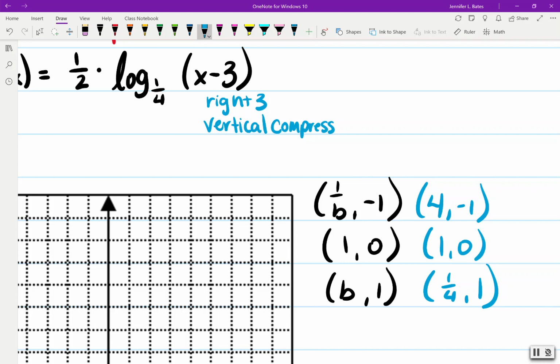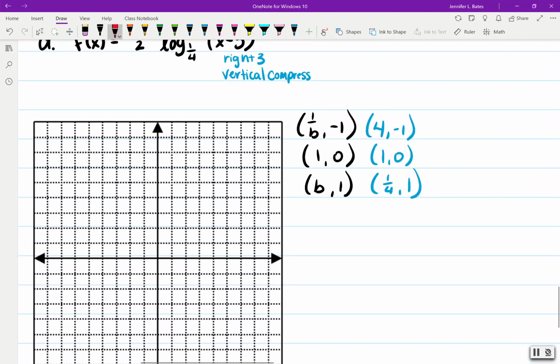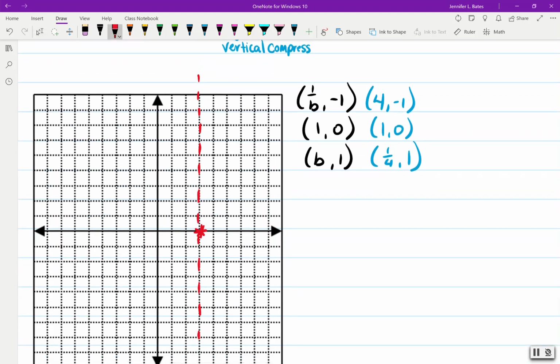Okay, so we're going to start with the shift, just like exponential and just like the last problem. So we're going to go right 3. We're going to shift the origin right 3: 1, 2, 3. I'm going to put a little star there, and I'm going to draw the asymptote. Now I'm going to put x's where my points would go.